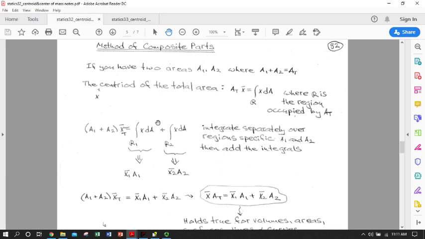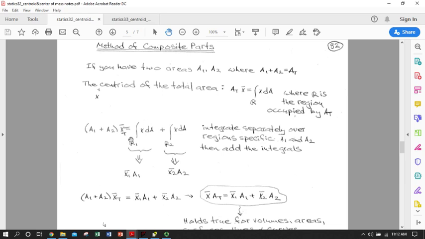Okay, well, wait a minute. This just so happens to be the right-hand side of the centroid definition if I were only looking at area 1. So if I'm just integrating over a region that corresponds to area 1, this is equal to area 1 times its own x centroid.